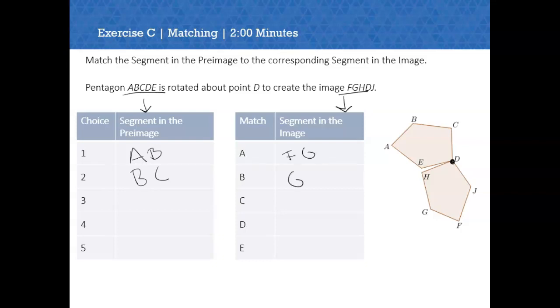BC goes with GH. CD, HD, and is rotated about point D, so that makes sense. We should have the D's together. DE and DJ, and then finally EA and JF. So we're just matching it up.